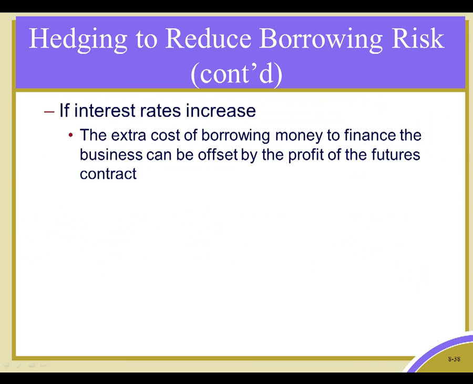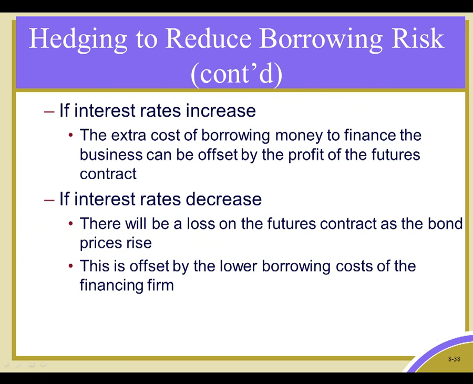So in this case, if interest rates increase, the extra cost of borrowing money to finance the business can be offset by the profit of the futures contract. If interest rates were to go down, that's not the example we had, but if they go down, there will be a loss on the futures contract. Instead of making $5,000, we'll lose money on the futures, but we're going to be happy to see interest rates go down because it lowers the cost of borrowing for the firm. In this case, it's likely that we'll wish we hadn't hedged.